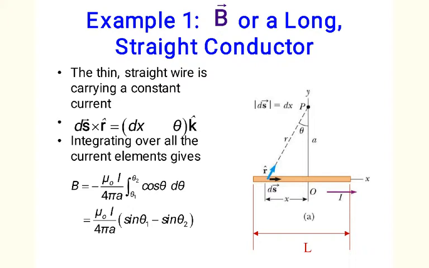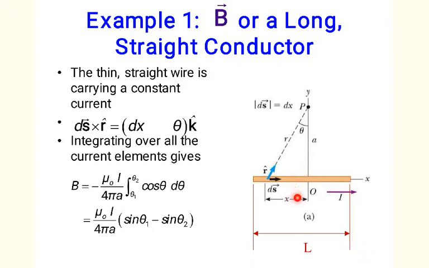First, let us calculate the magnetic field created by a straight conductor of length L. We select the x-axis to be parallel to the conductor. Next, we compute the magnetic field at point P at distance a from the conductor. Point P does not have to be above the middle of the conductor.